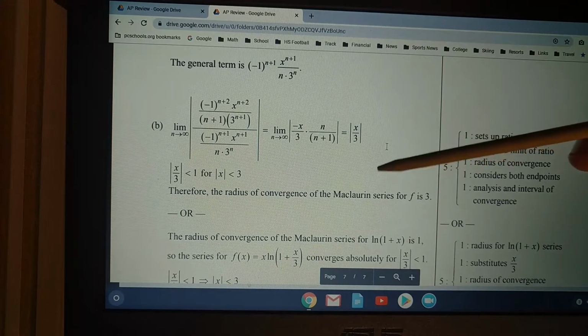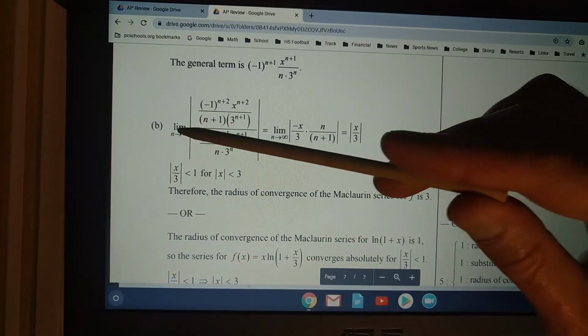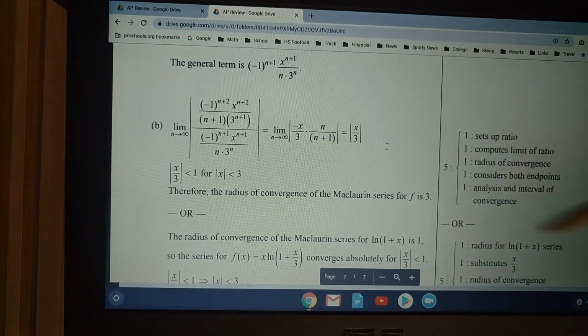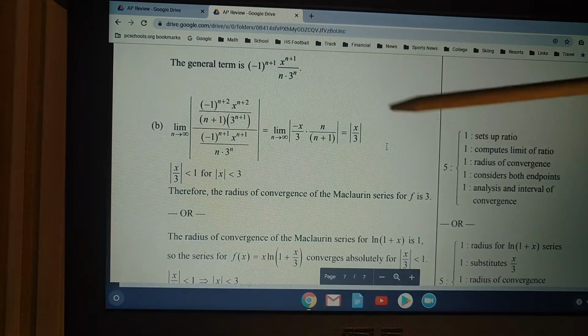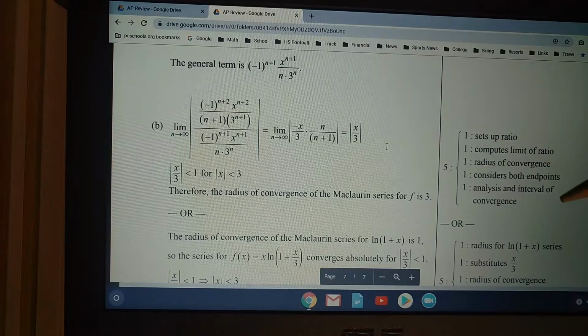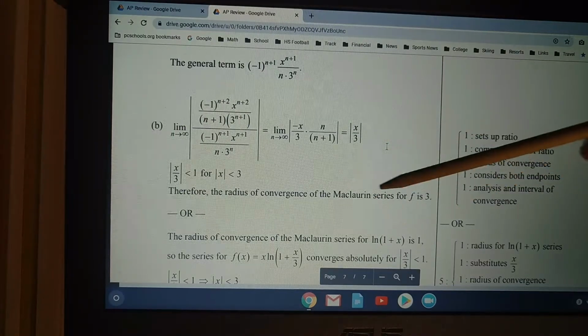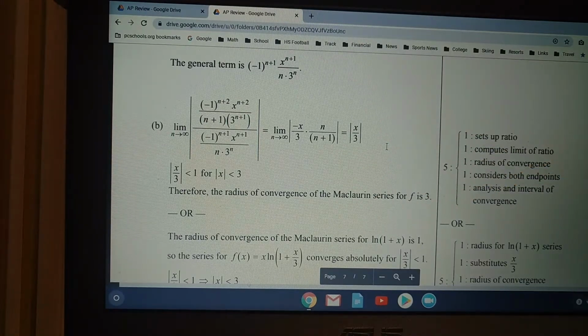I should say you actually have to calculate a limit there, not just say that's what you're going to do. And then if you actually get the correct radius of 3, you get another point.